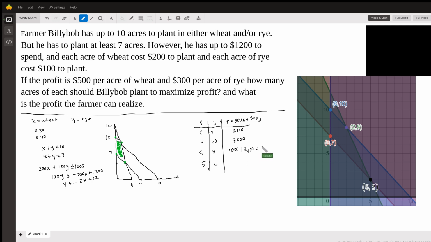So that's going to be 3400. And then this one, 5 times 500 is going to be 2500. 2 times 300 is 600. So it's 3100. So this is our keeper right here, 2, 8.